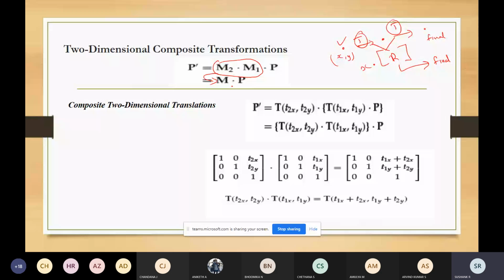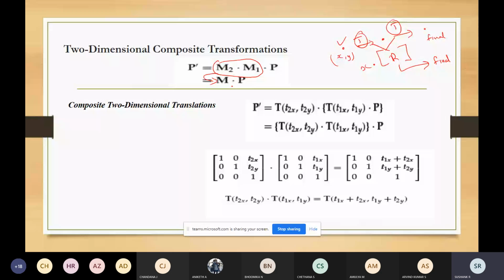So if you want to apply two transformations like T1 and T2 to an initial point called P, then instead of doing the transformations separately, you can find the product of those transformations, and then you can apply that to the initial point. Now we will talk with respect to translation.